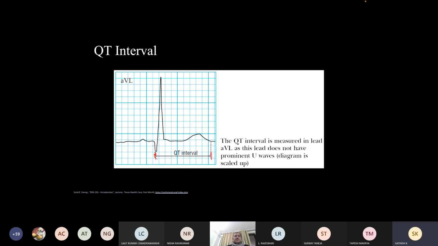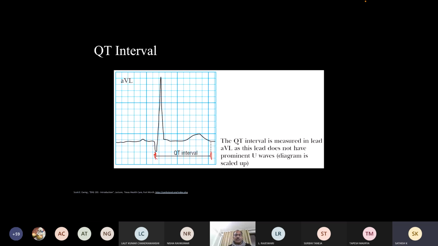It represents the period of ventricular systole, from isovolumetric contraction to isovolumetric relaxation. It is measured from QRS to the end of the T wave. A lead with a large T wave and distinct termination is used for measuring QT interval. Leads V2, V3 are usually best for this measurement.